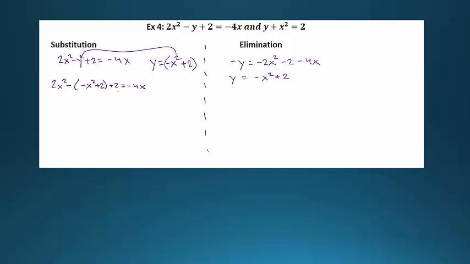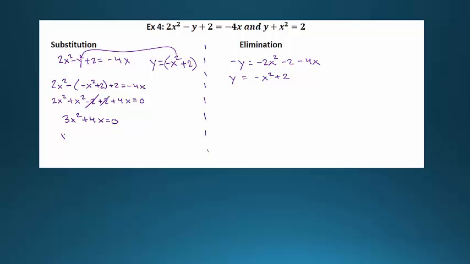We want everything to be equal to 0, so we'll distribute that negative real quick. While I'm at it, I'm going to add over that 4x so that everything does equal 0, and then we'll see if we can consolidate a little bit here. So this actually can be solved by factoring, which is really nice.